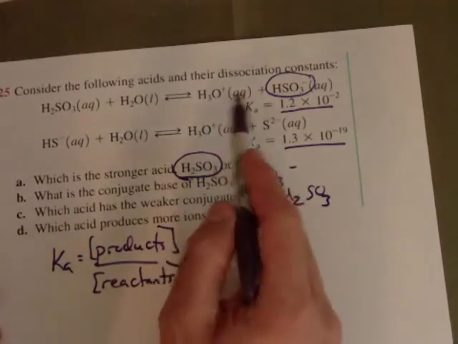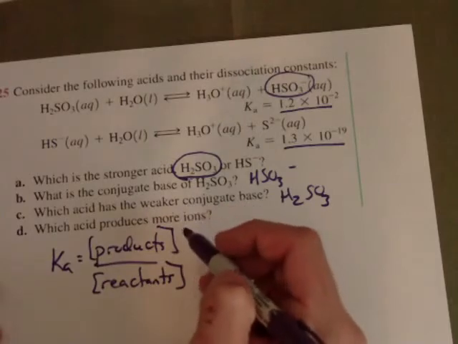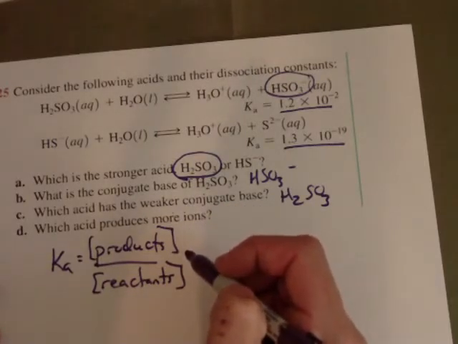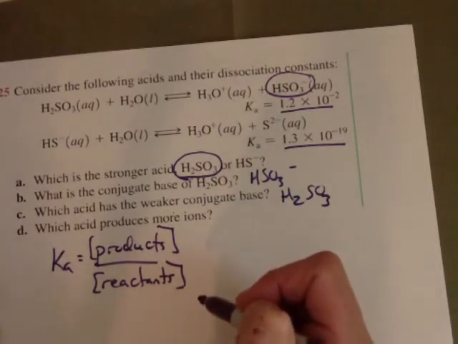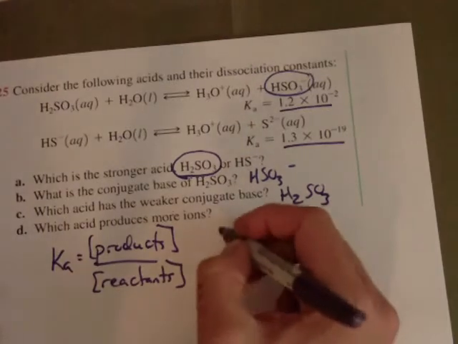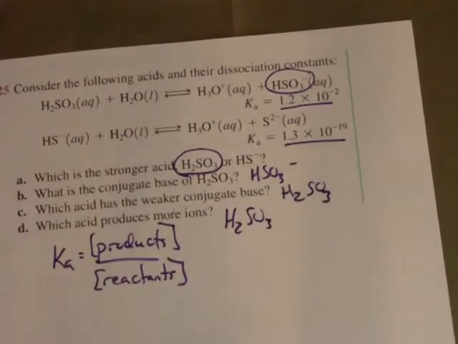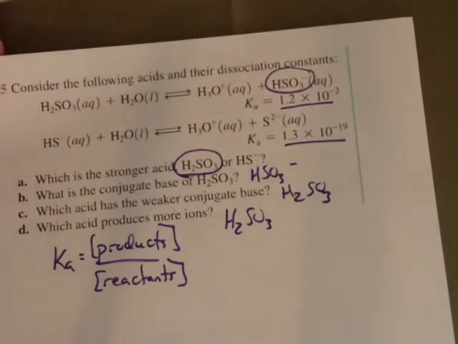The one that will produce the most products will produce the most ions. And so whichever one has a larger Ka will produce the most ions. In this case, again, H2SO3 will produce the most ions because it's a stronger acid.